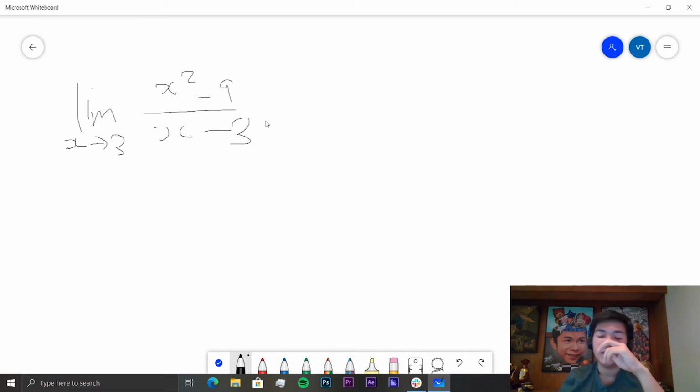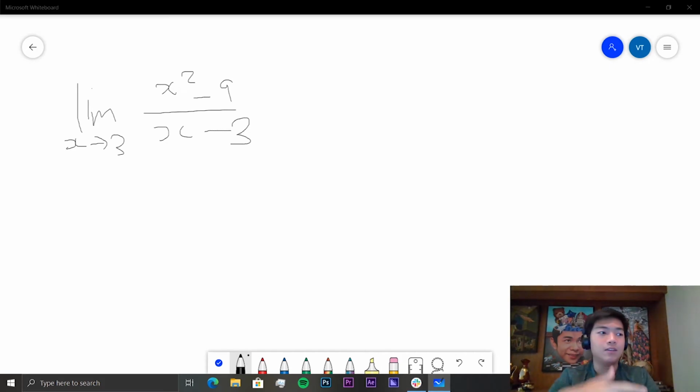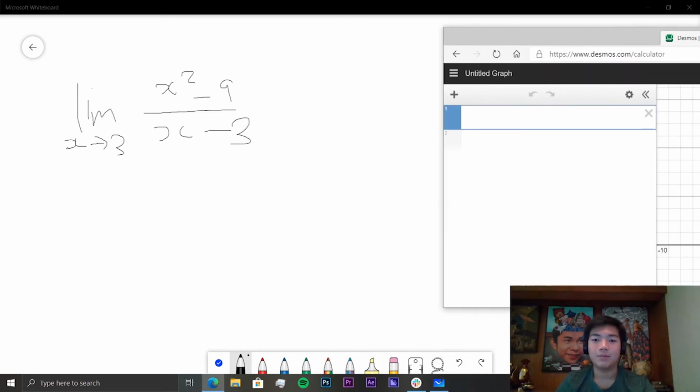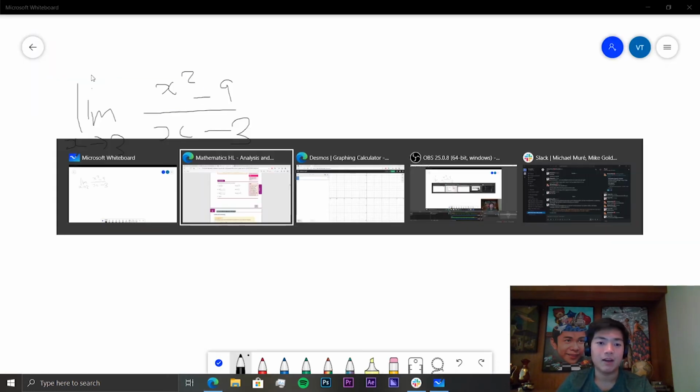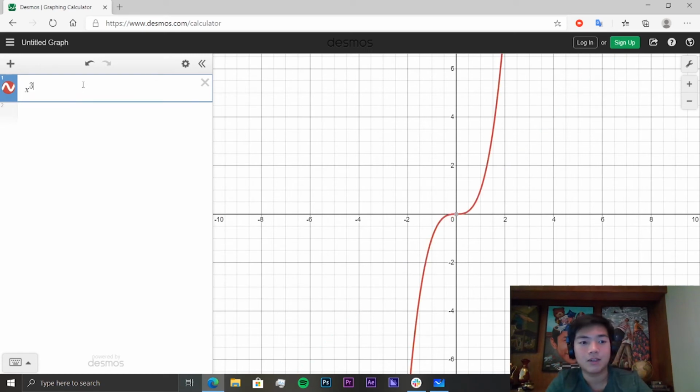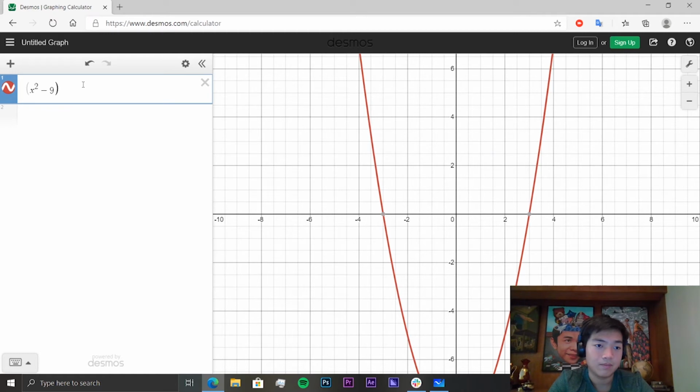The first thing, how they want us to deal with limits first, is to graph the actual function. And that's fair enough, because graphing a function can easily help us tell what a limit is. So again, I'm going to open up Desmos and graph x squared minus 9 over x minus 3.